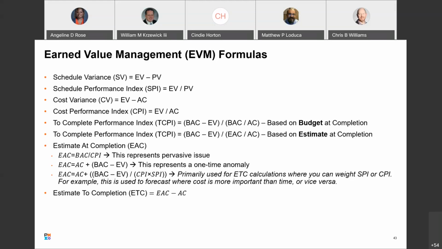So you might be pointing those things out. But remember, EAC has not been approved. It's just what you think is going to happen. It's not an adjusted BAC. The BAC is always the BAC. It might have been adjusted by a change request, but then it becomes the new BAC. So I just want to put that out there.